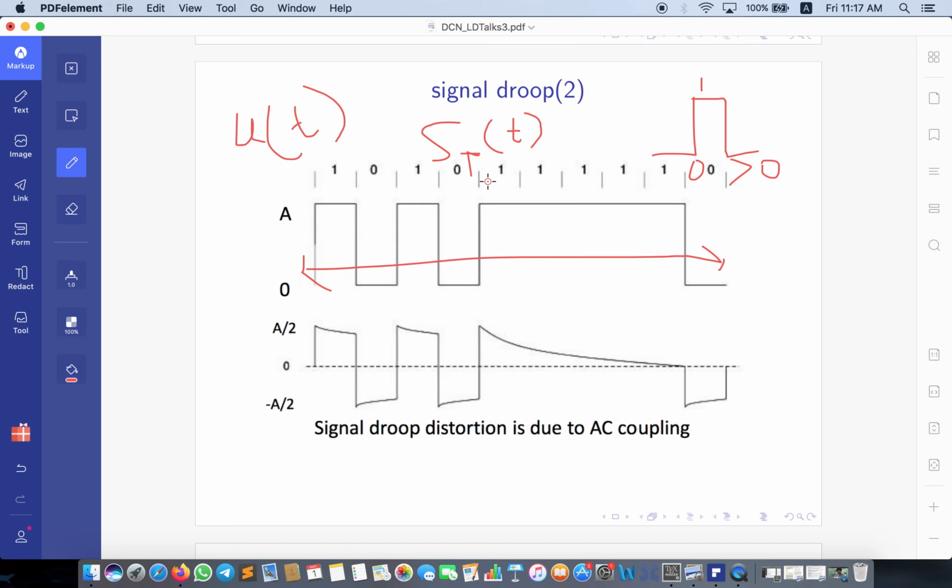As there is a long run of ones, a drooping effect has already taken place. It starts decaying because there is an AC component and there is a capacitor. So there is a capacitor discharge expression, and that amount of distortion will be introduced in the signal.